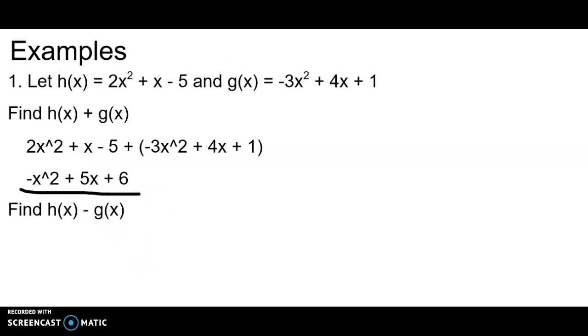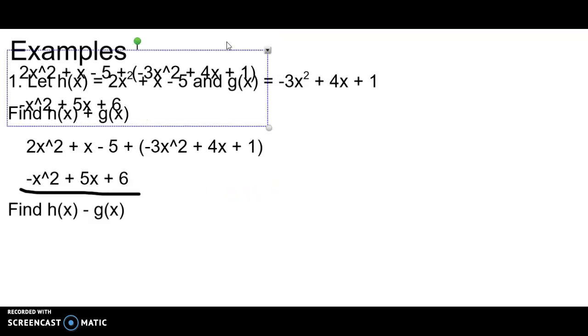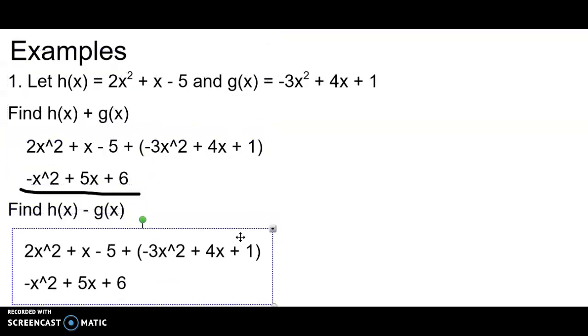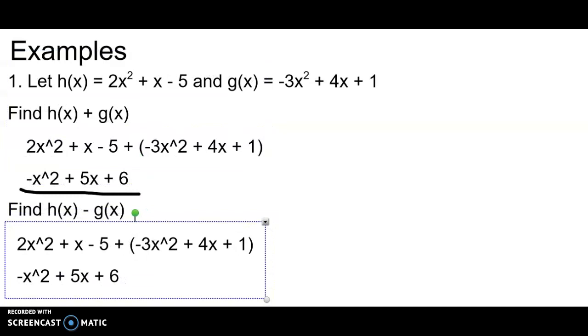Now in the second example, it wants us to find h of x minus g of x. So this will be the exact same thing that we had before, but instead we're subtracting. Subtracting you have to be a little bit more careful with. So let's take a look at it. We'll just do the same thing, but instead of plus here, it's a minus.